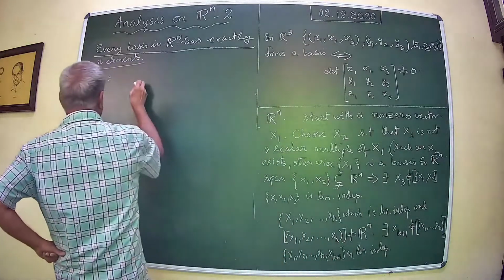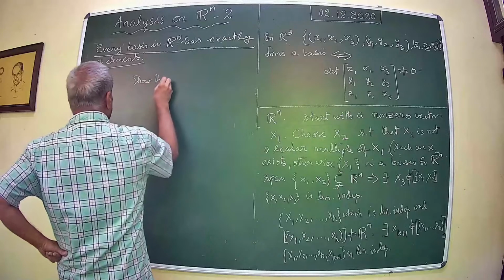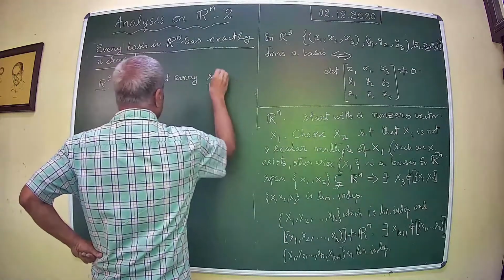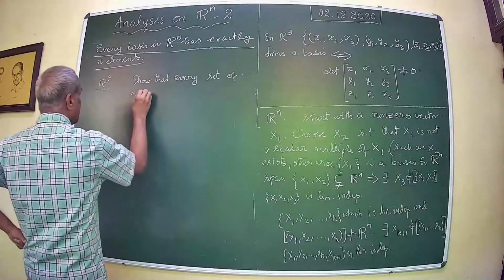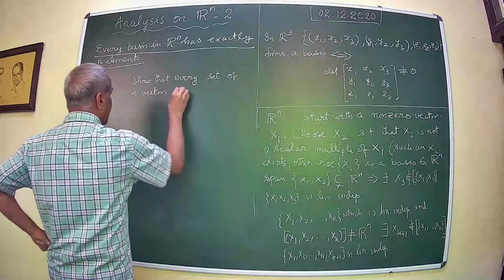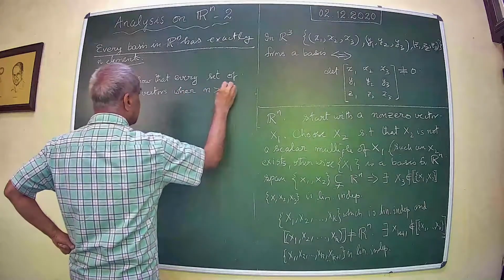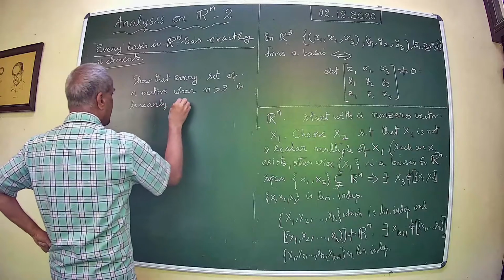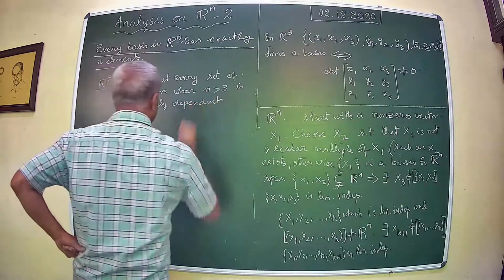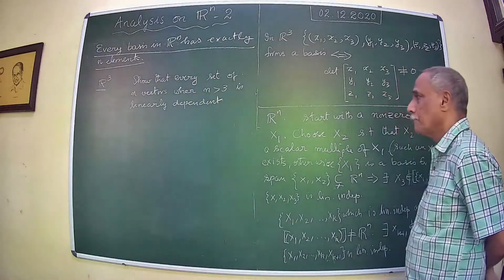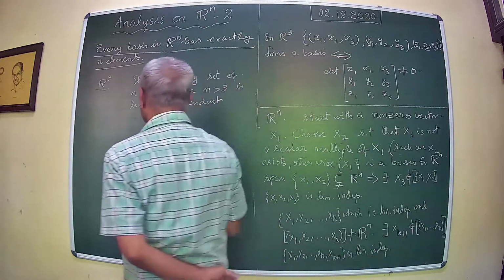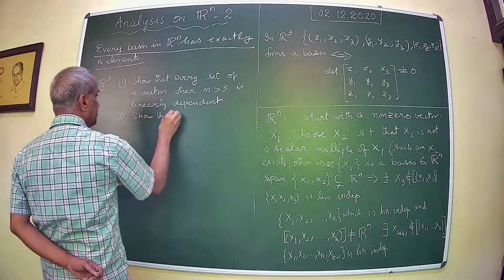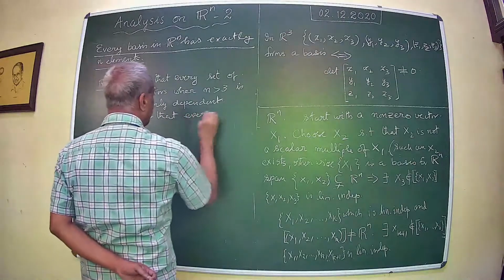So we prove two things. One, show that every set of n vectors, where n is greater than 3, is linearly dependent. This is 1, 2, 3.